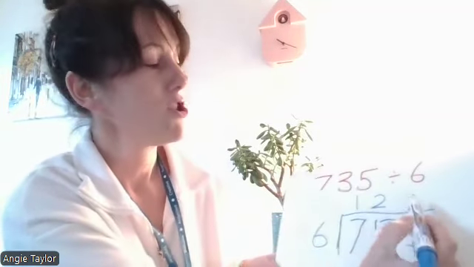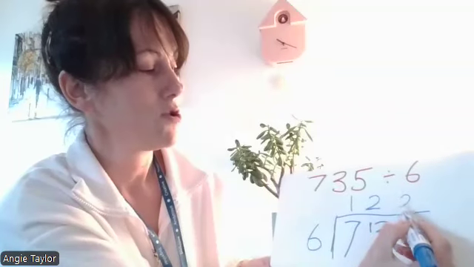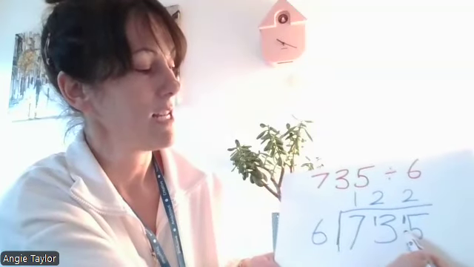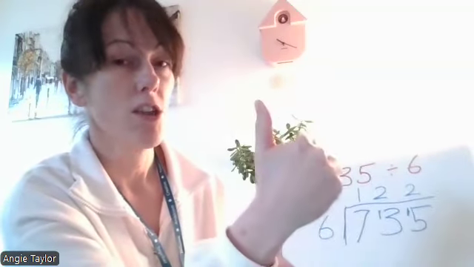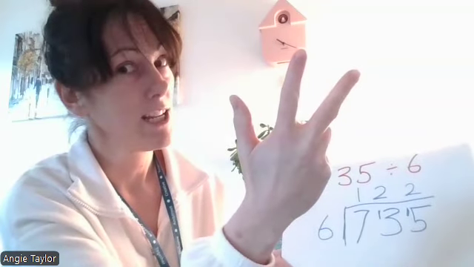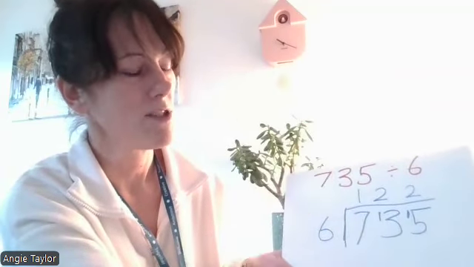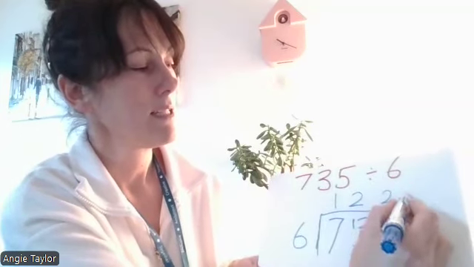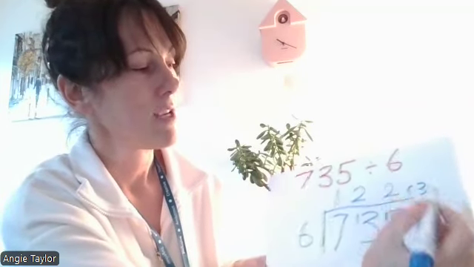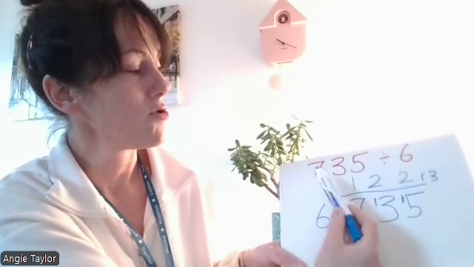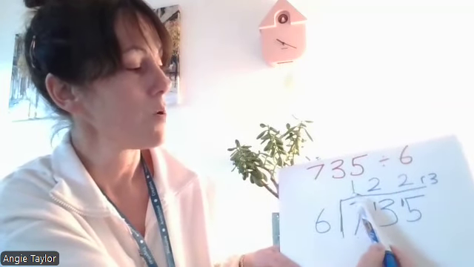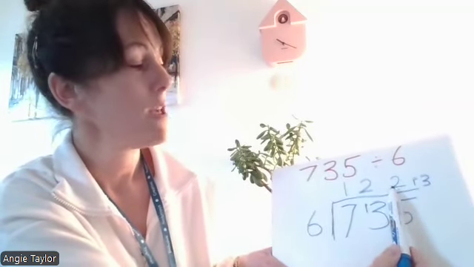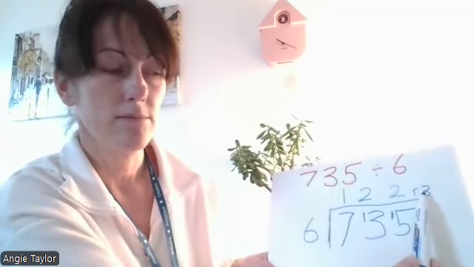They would get 2 each. 2 6s go into 15, and we've got 13, 14, 15. We've got 3 left. So our remainder is 3. So the answer to 735 divided by 6 is 122, remainder 3.